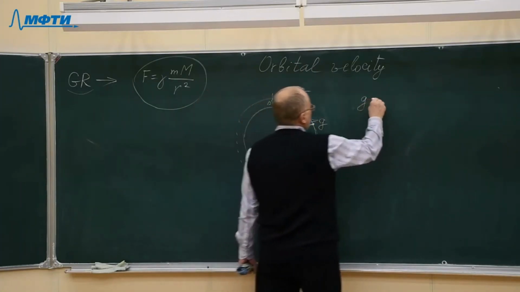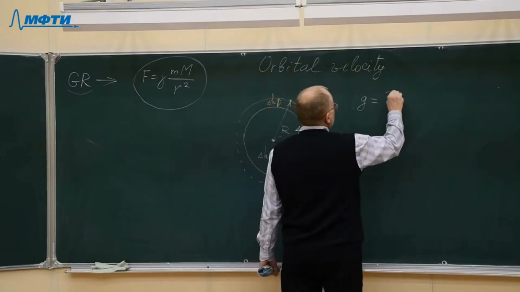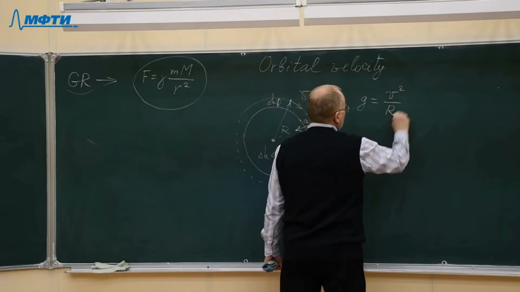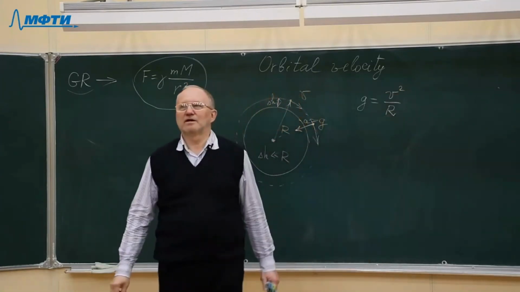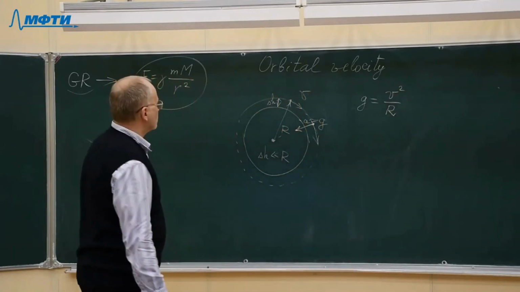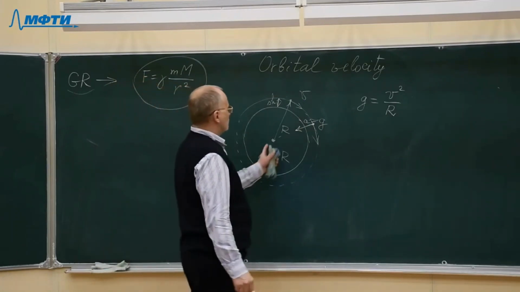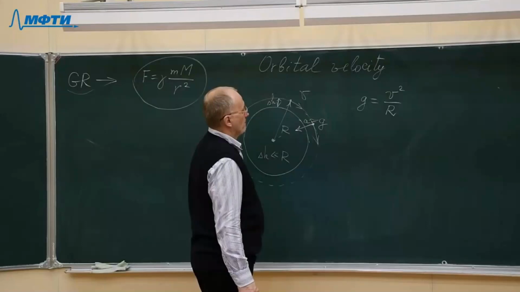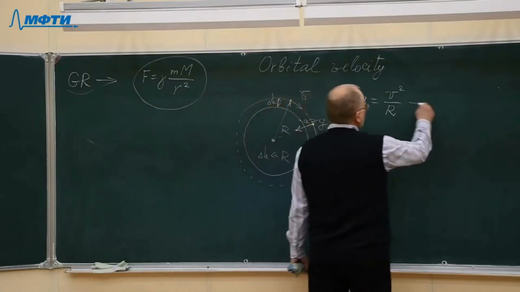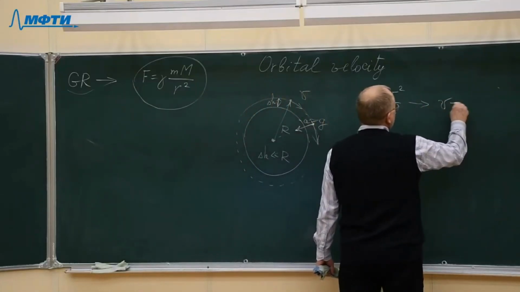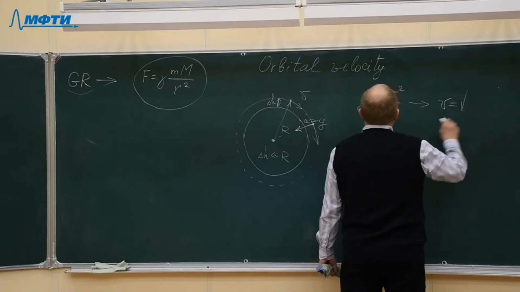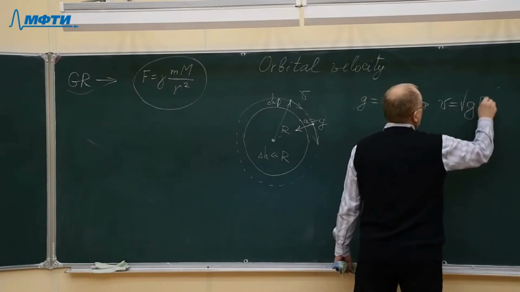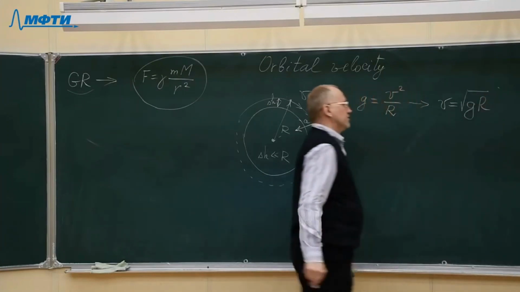And the centripetal acceleration is well known. It's velocity squared over the radius of this circle. From here, we immediately obtain the velocity, which must be equal to the square root of the acceleration of free fall times the Earth's radius.